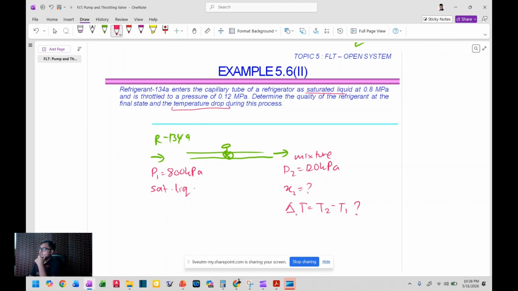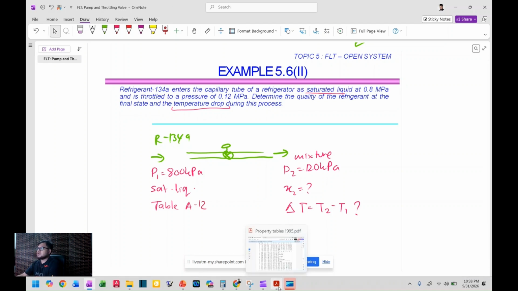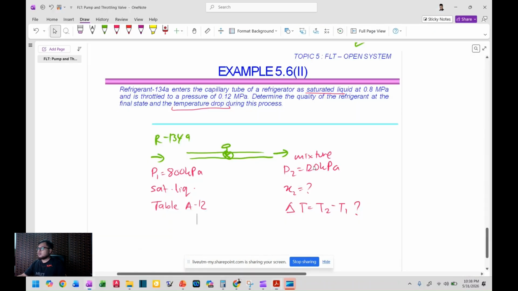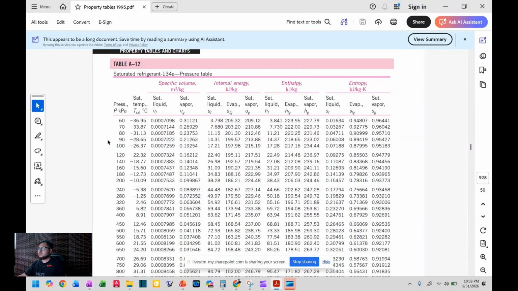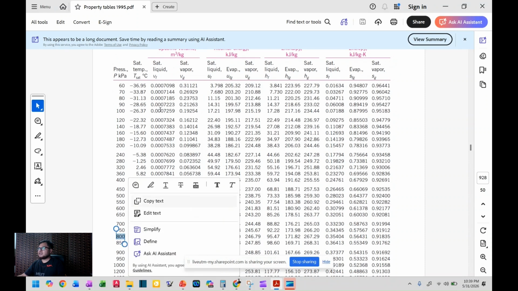Now T1 is much easier. You can just look up table A12 for refrigerant 134A. So you can see from table A12, we have 800 kilopascals and saturated liquid.